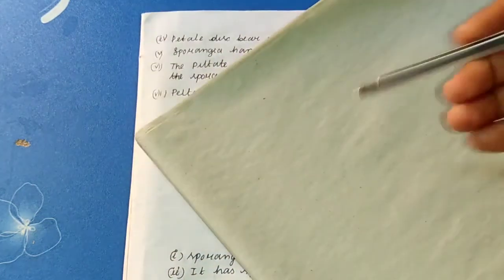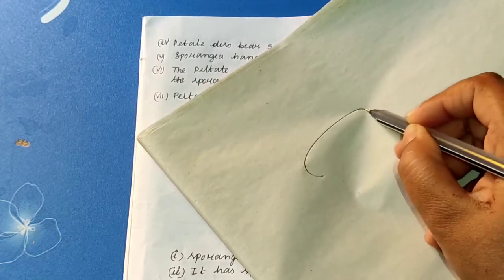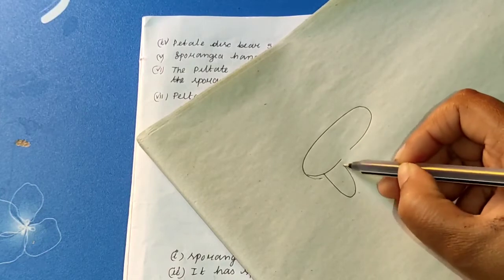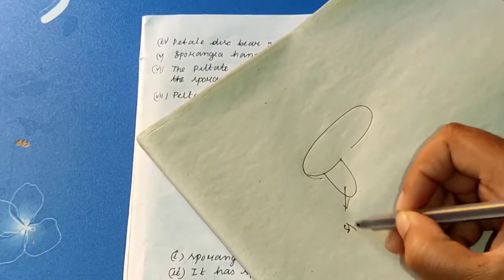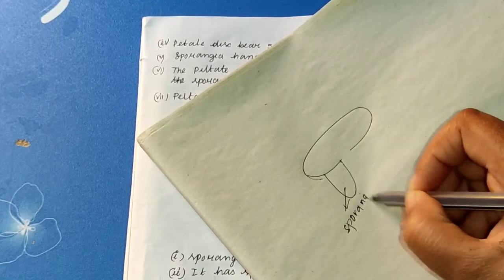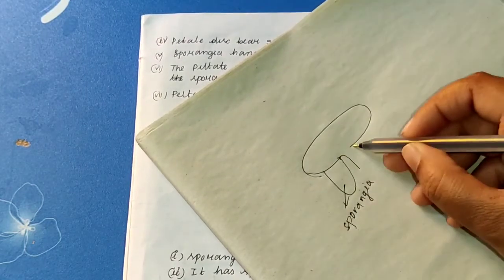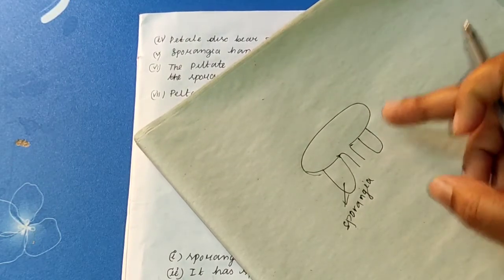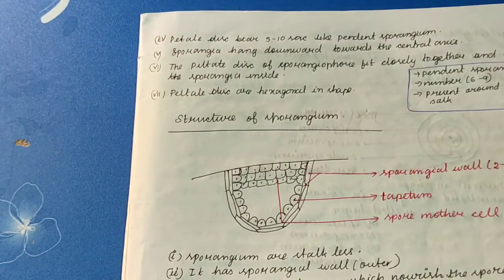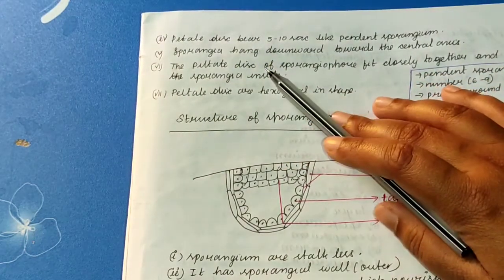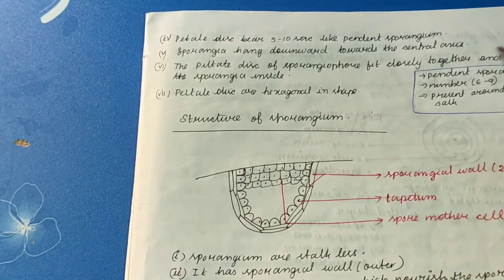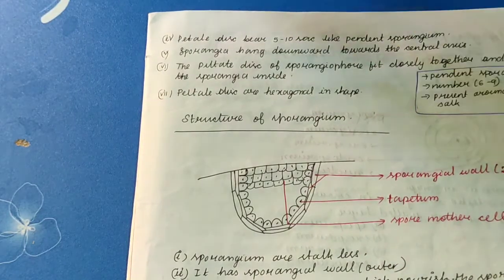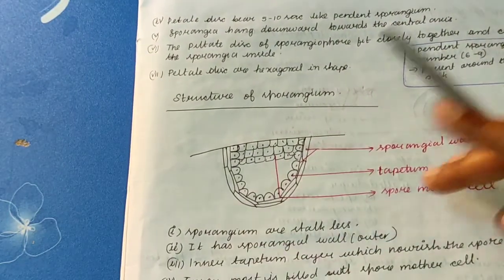This is the peltate disc of the sporangiophore, and here the hanging sporangia are present. This is the stalk. So 5 or 6 sporangia are present on a sporangiophore. The peltate discs of the sporangiophores fit closely together and enclose the sporangia inside. So this is all about the sporangiophore. Now we will see the structure of the sporangium.